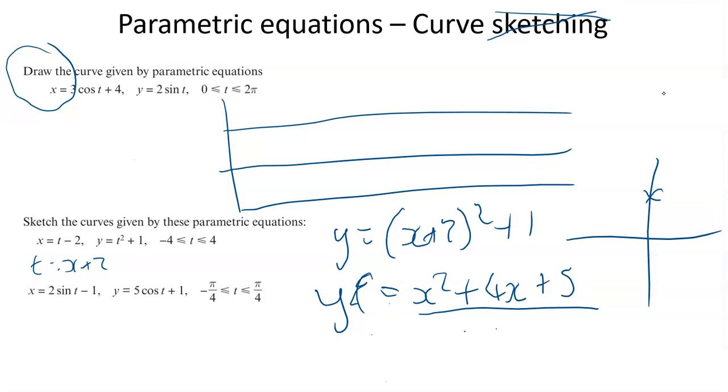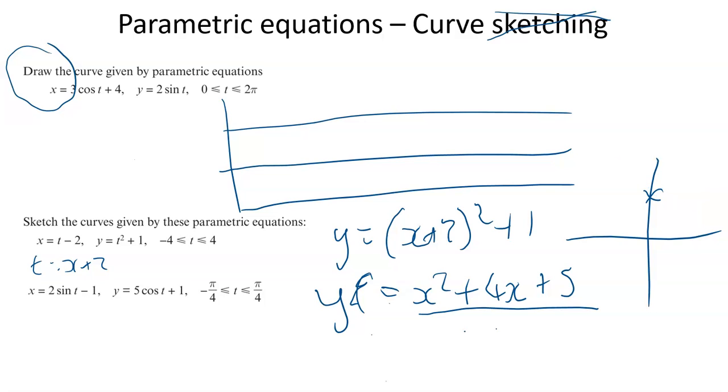So it doesn't go through the x-axis. There's no real number where it goes through the x-axis. So it's either going to come down like this and have a minimum on this side, or it's going to come down and have a minimum on the right-hand side.